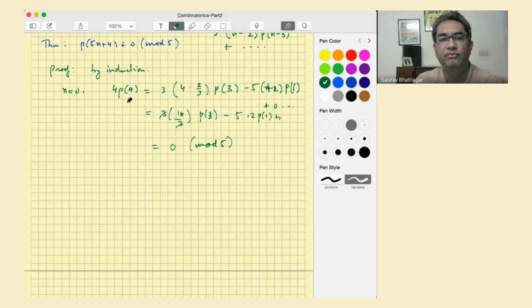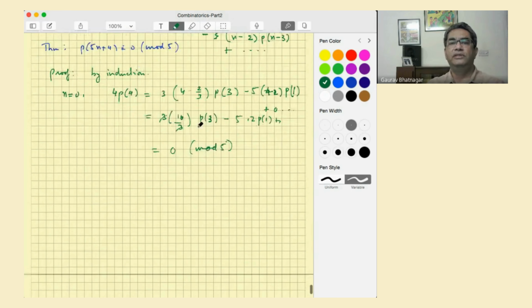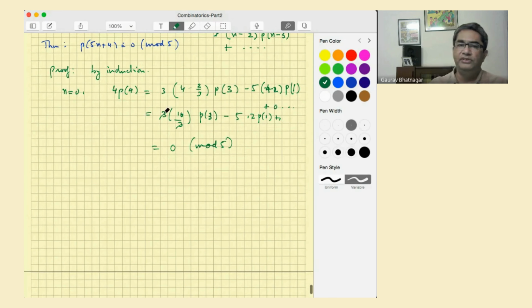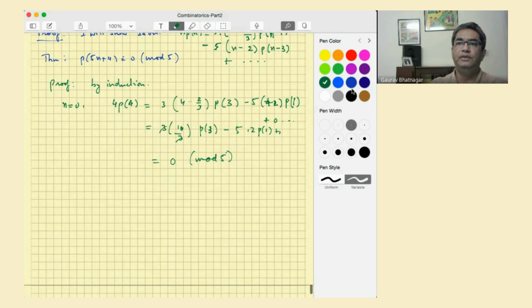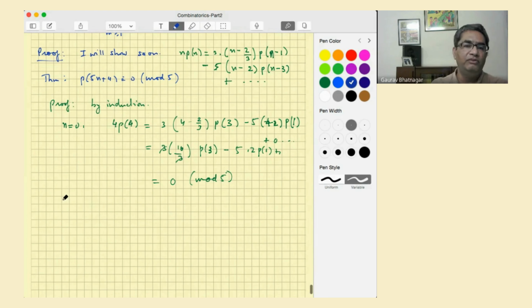So for n equal to 0, it works because of this. We know that p(4) is equal to 5, so we know it works in any case, but I'm just trying to say that even from this recurrence relation it shows. Now suppose it's true for some n. Now we want to prove it for n equal to 5n plus 4, and it's true for smaller n.